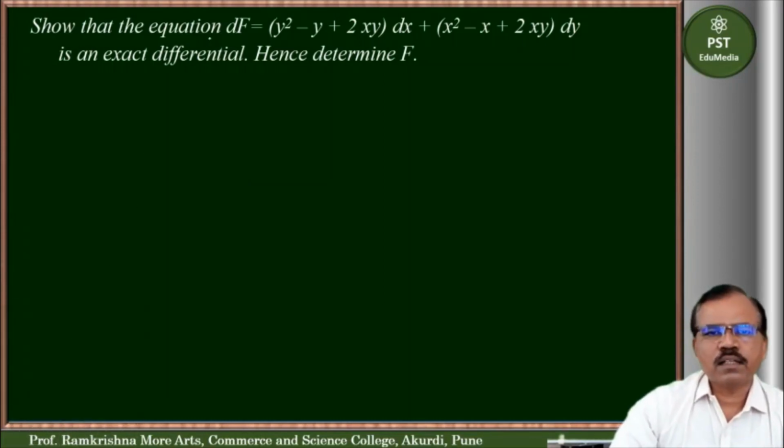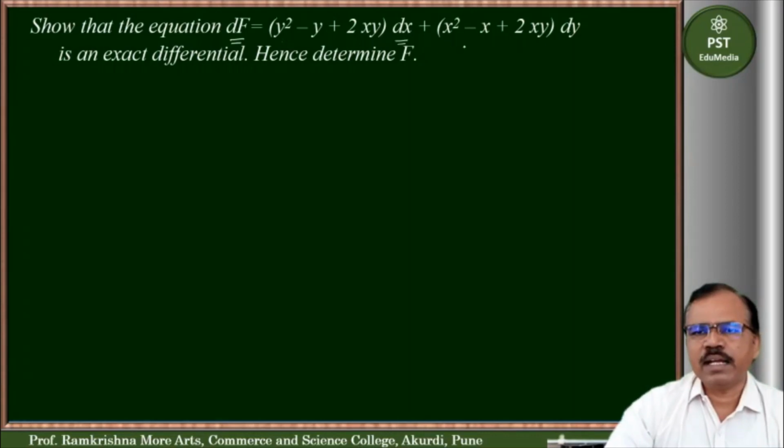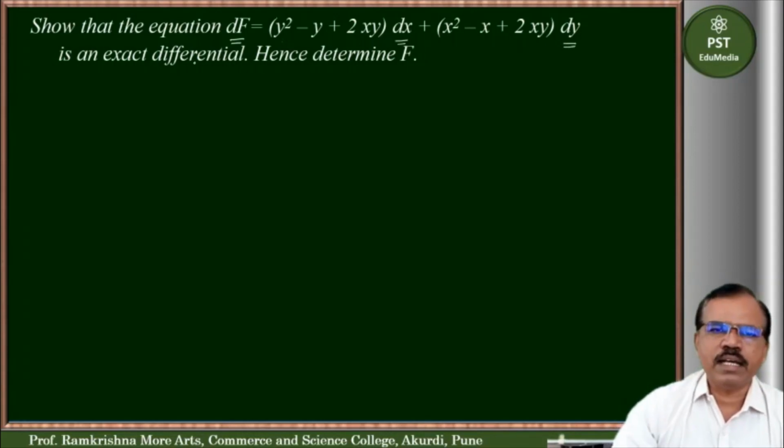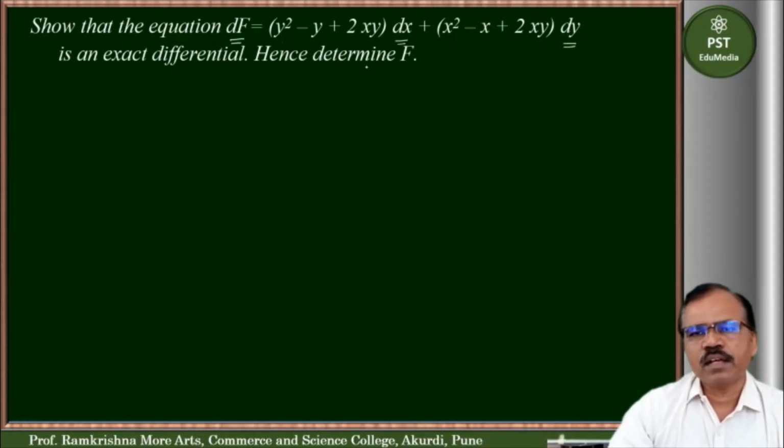Show that the equation df is equal to (y square minus y plus 2xy) multiplied by dx plus (x square minus x plus 2xy) multiplied by dy is an exact differential, hence determine f.